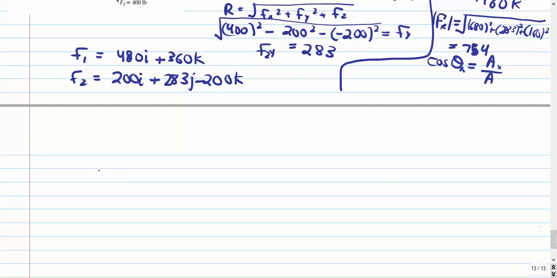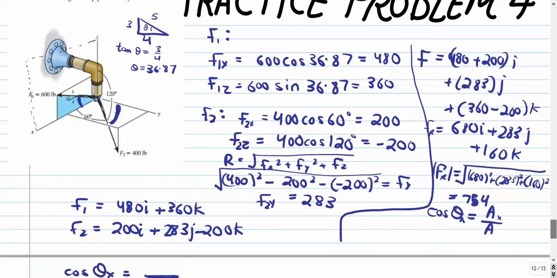So for the angle between the resultant force vector and the x-axis, we can do cos of theta x equal to the component of the resultant force along the x-axis divided by its magnitude. Its magnitude is 754 pounds, while its component along the x-axis is equal to 680 pounds.